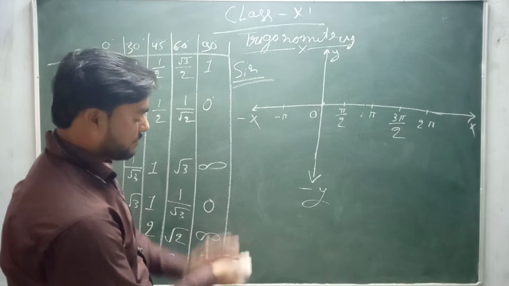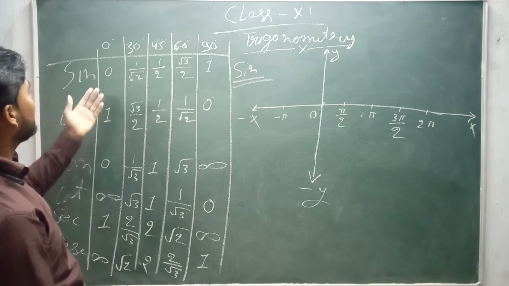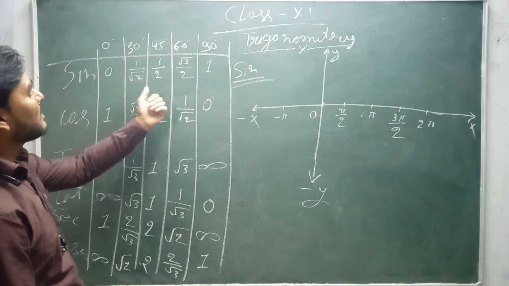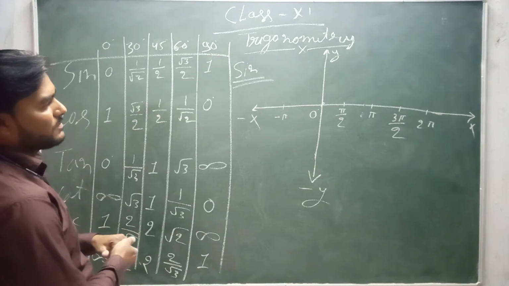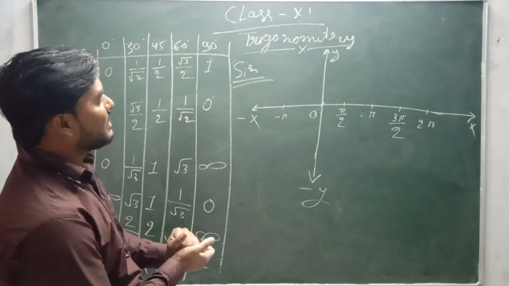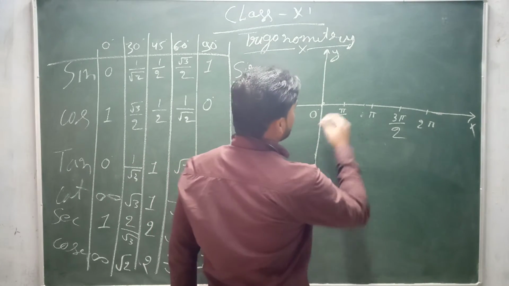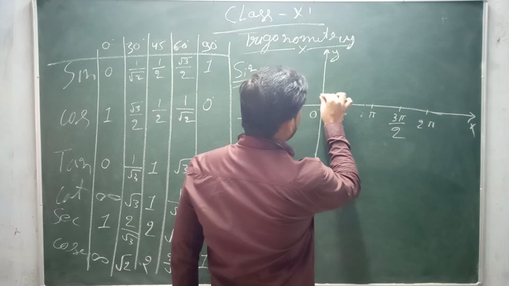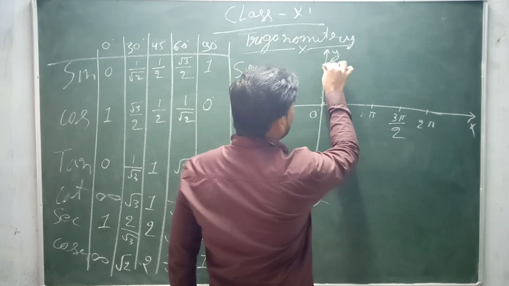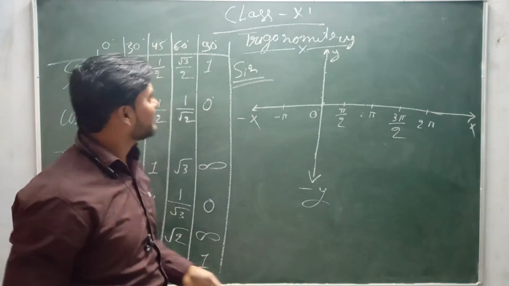Now there are the values 0, 1 by 2, 1 by root 2, root 3 by 2, and 1. How will we see them? There will be some values on the y-axis.